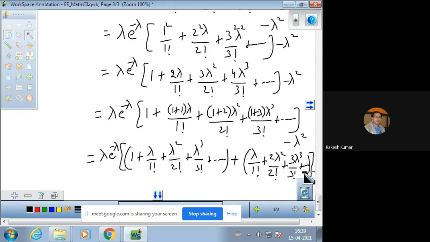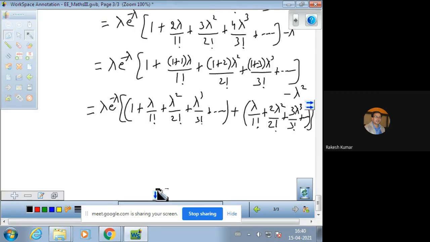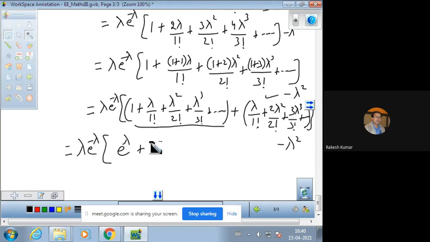And the bracket term can be closed, and outside there is a negative lambda square. So lambda e raised to power minus lambda is there, and this is the expansion for e raised to power lambda. And from this bracket term, lambda can be taken common. Inside is 1 over 1 factorial, and the 2 can be cancelled.